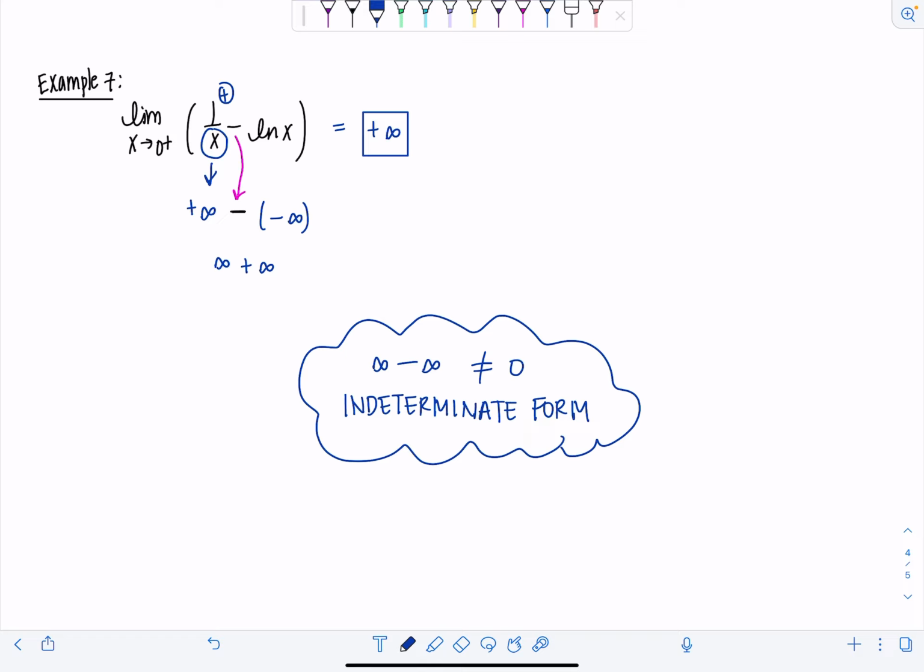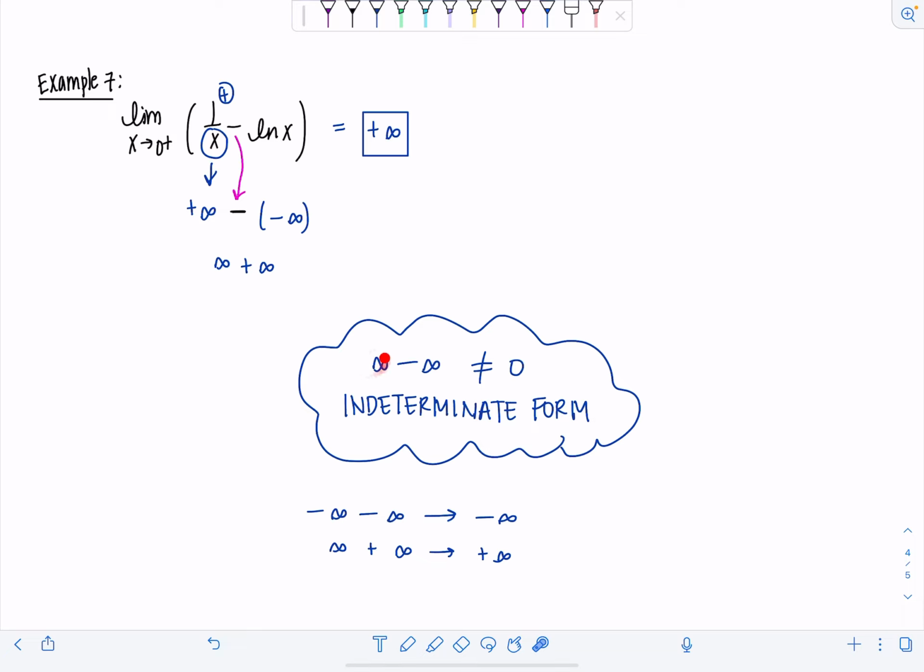Basically your infinities have to be going in the same direction for you to be able to evaluate the limit. Like negative infinity minus infinity, yeah, that's going to negative infinity. Or positive infinity plus positive infinity, that goes to positive infinity. But the problem with infinity minus infinity is that we don't know which infinity is growing faster.